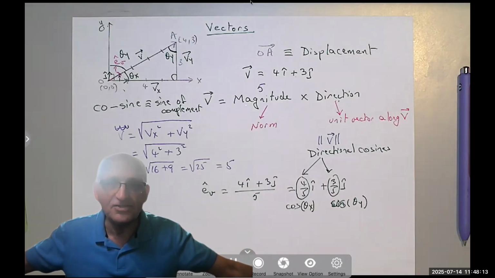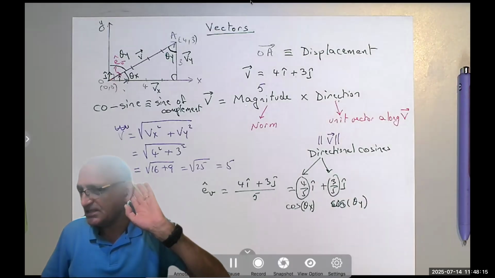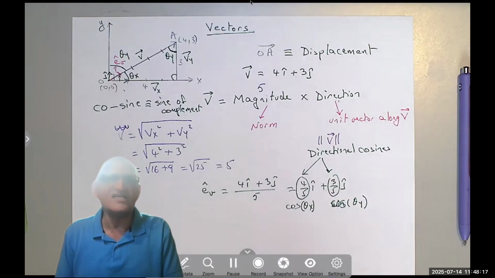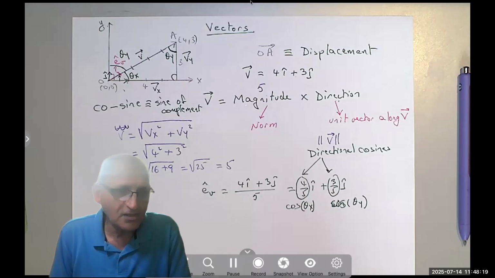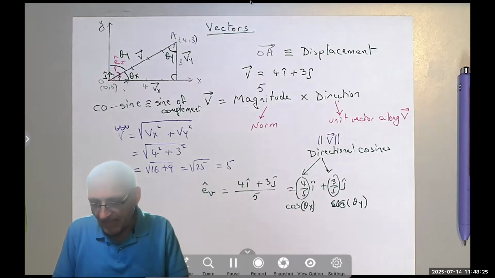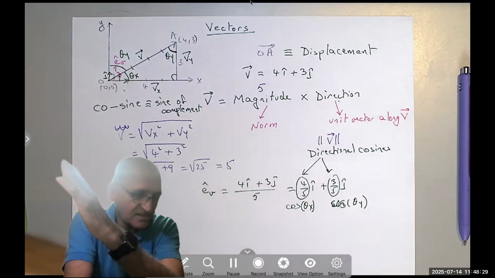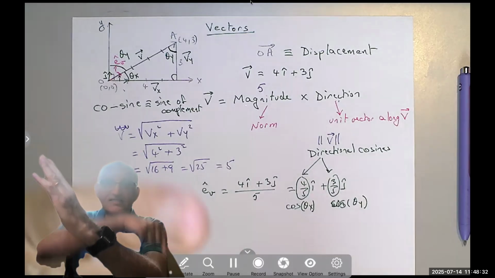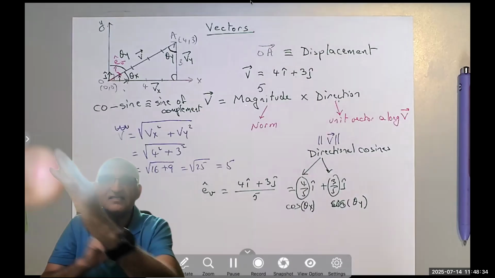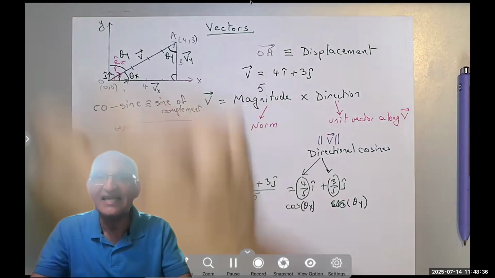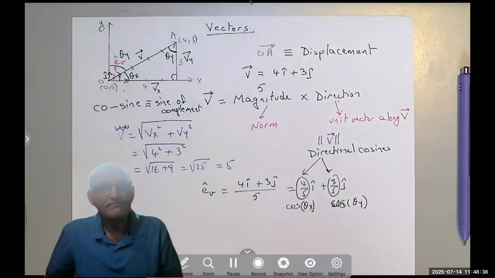You learn that in trig. I hear somebody say, no, we learned sine square plus cosine square equals 1. I say, yeah, that's a special case of what we are saying. Meaning, if a line makes an angle theta x with the x-axis, theta y with the y-axis, theta sub z with the z-axis, and you square the cosines and add them up, you will get 1.